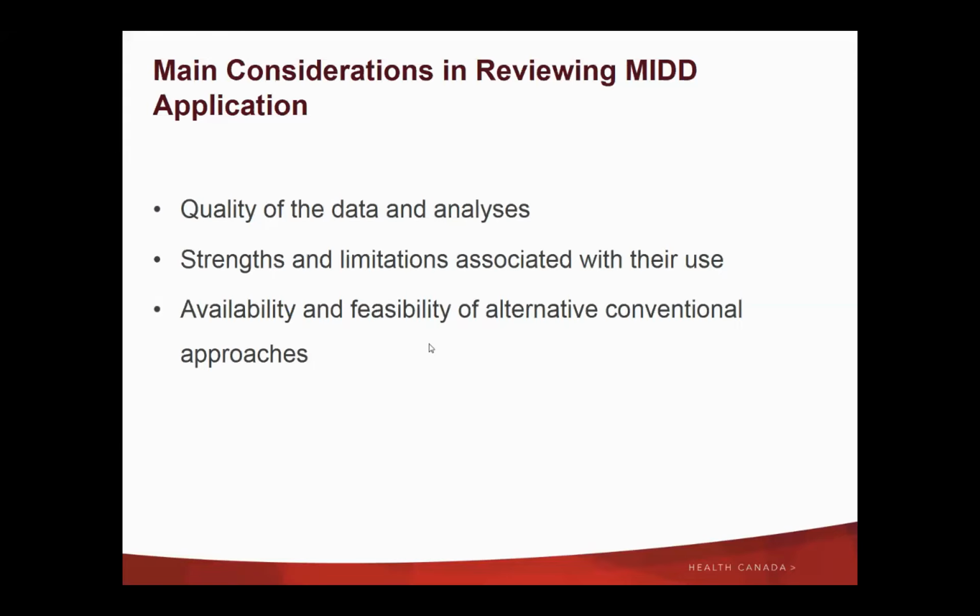For example, the model can be developed perfectly and the performance seems to be okay, but we should also keep in mind the following considerations, mainly the quality of data, and I will have a few examples about this later. We should also keep in mind the strengths and limitations of the model. And finally, we should also consider the feasibility and availability of alternative approaches.